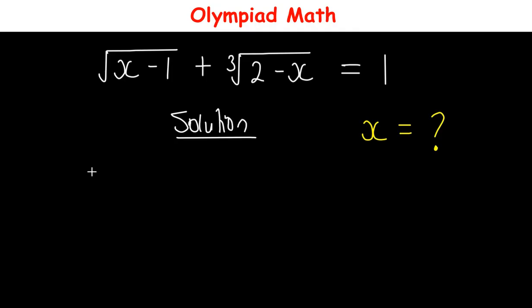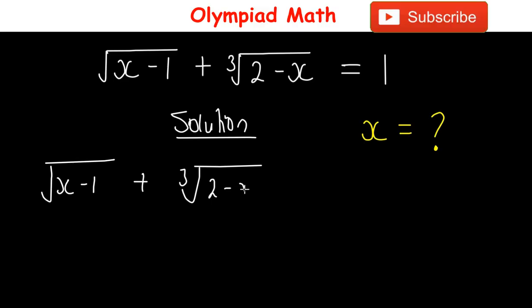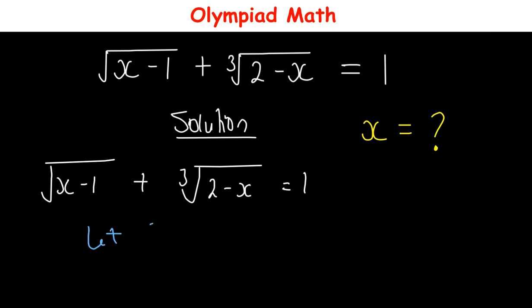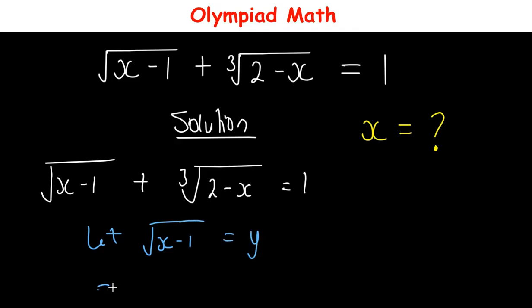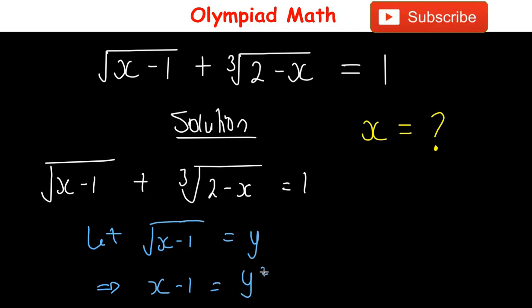we have the square root of x minus 1 plus the cube root of 2 minus x, and this equals 1. So we are going to let the square root of x minus 1 equal y. If we square this equation, we have x minus 1 equals y squared.